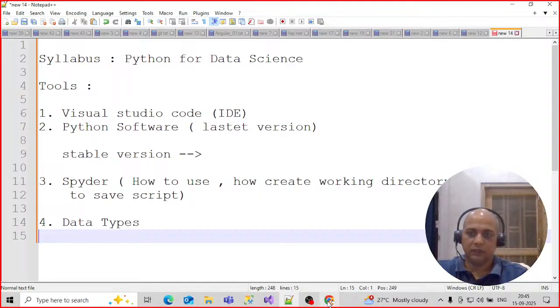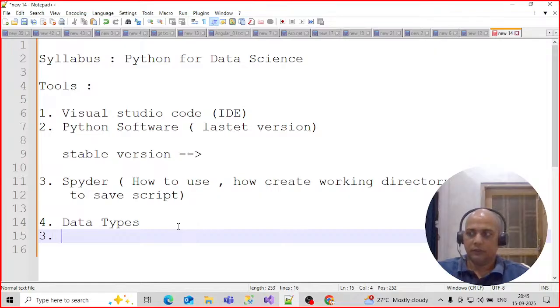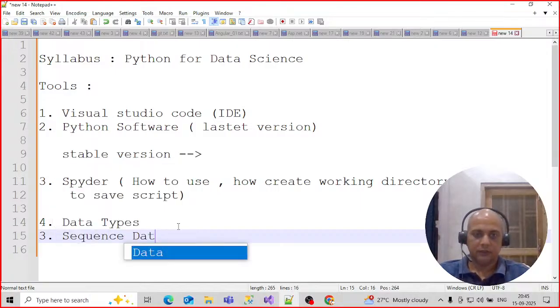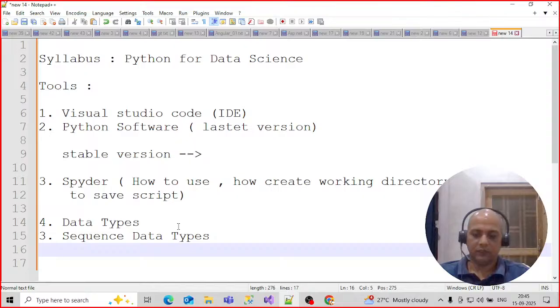All the data types we will be exploring. What are the data types available in Python? Then we will start with the sequence data types. What do we have?